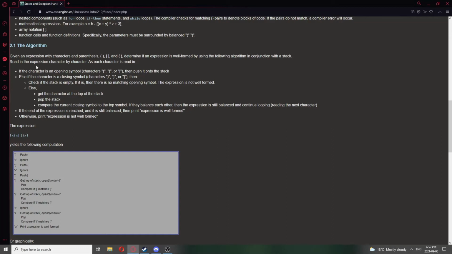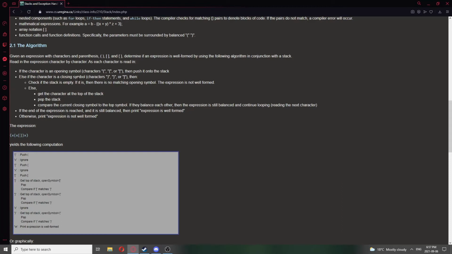So first, we are just going to read the first expression character. If the character is an opening symbol, either an opening parenthesis, brace, or bracket, we will push it down onto the stack. And if we encounter more opening symbols, we're just going to keep pushing them down onto the stack as we encounter them.